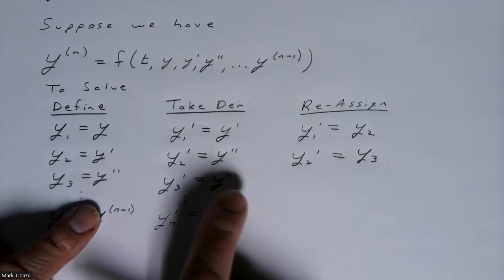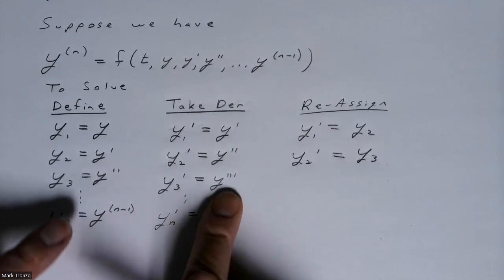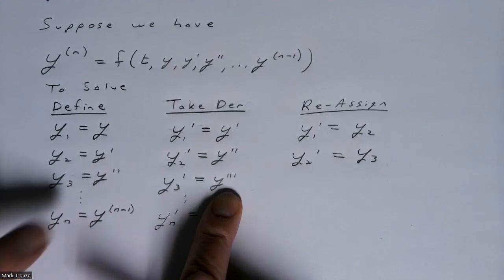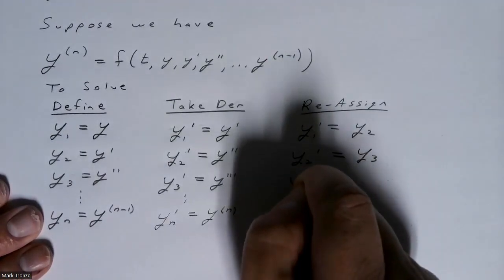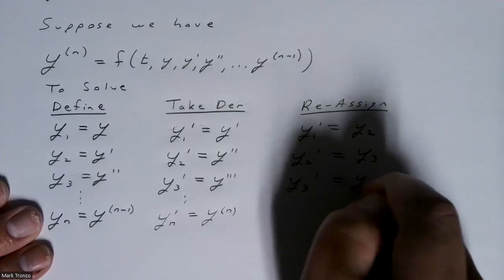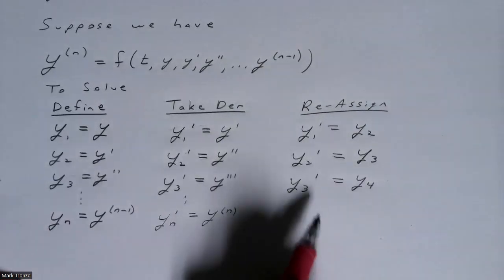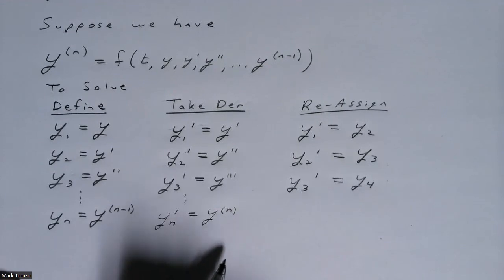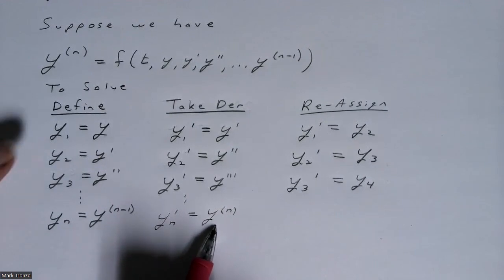And then the next one, y triple prime, I didn't write it here, but that's going to end up being replaced by y4, and then all the way down. And then the last one over here, y to the n, will simply be the original equation.